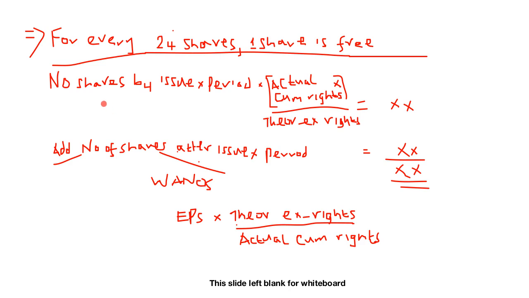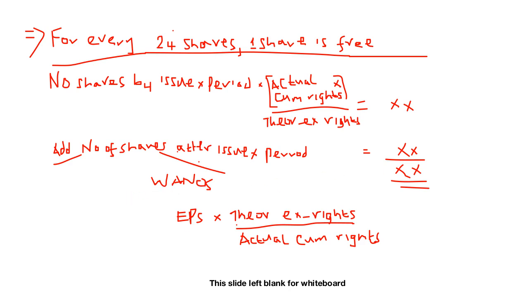First of all, we take the number of shares before the issue times the period times the actual cum-rights price divided by the theoretical ex-rights price. We get the value there. Then we add the number of shares after the issue times the period, so that will give us the weighted average.